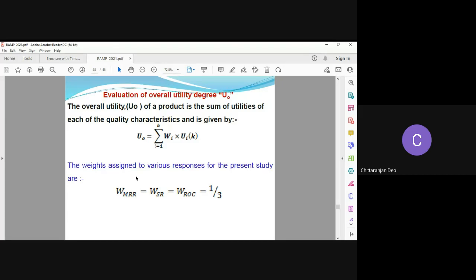But suppose for a product your requirement is the production rate must be high, but you are giving less emphasis to surface roughness. So you can increase the weightage value of MRR, that is, you can give 50% weightage to the MRR, and 25% to the surface roughness, and 25% to the radius of overcut. But the total weightage should be 1, means 100%.